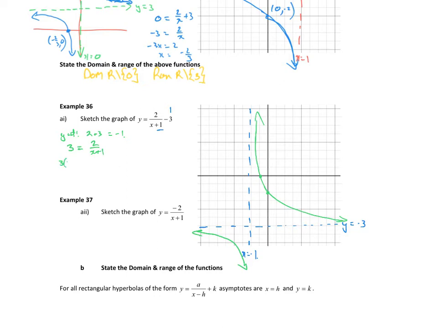Bring the x plus 1 across and divide the 3 back. And now we subtract 1. So that's the point (-1/3, 0). Quick domain and range. Domain is R except for that asymptote, which is at -1. And the range is R except for the horizontal asymptote, which is at -3.